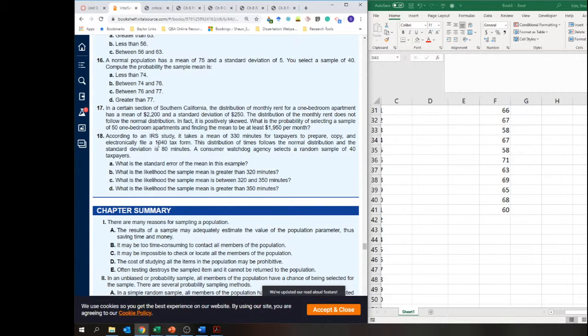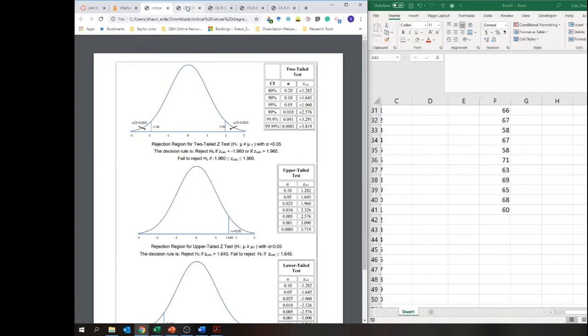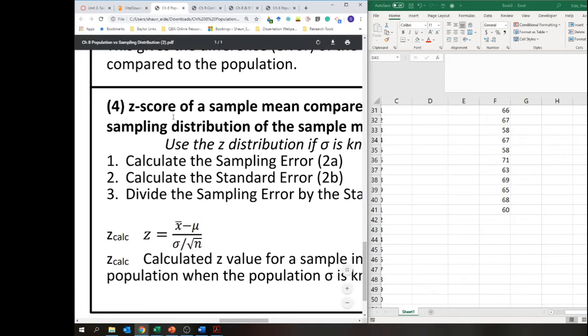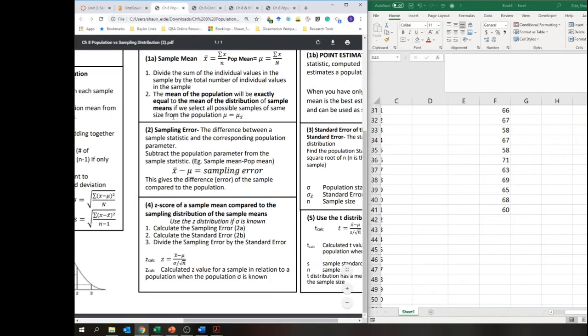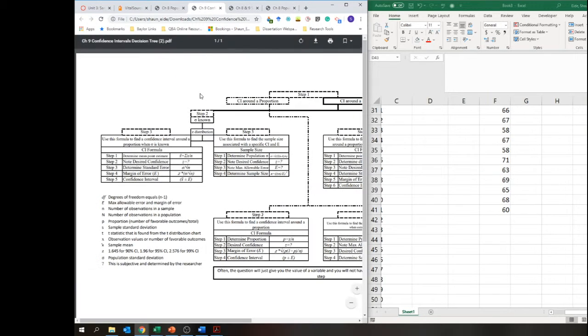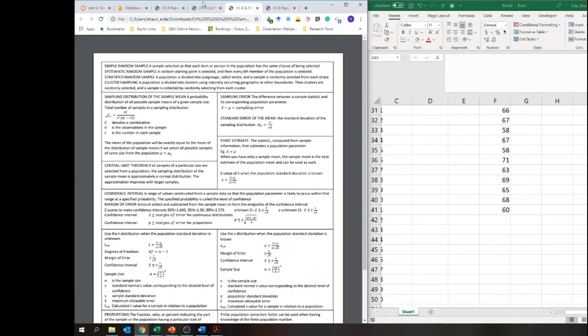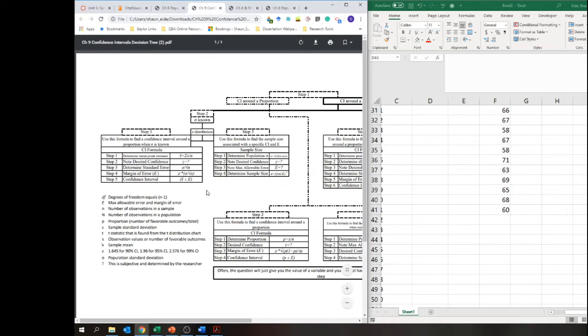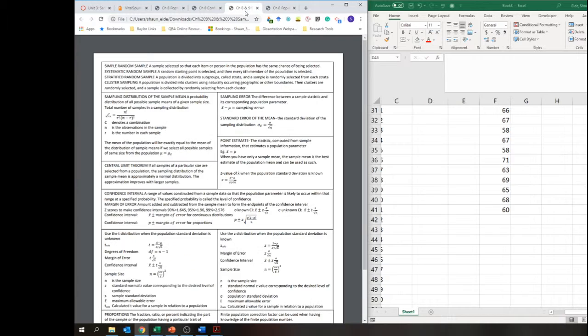Okay, so we've got 18. What is the standard error? I'm going to exit out of that, scroll out, zoom out. That's not the one I want. Nope. That's for confidence intervals. So let's take a look at this.